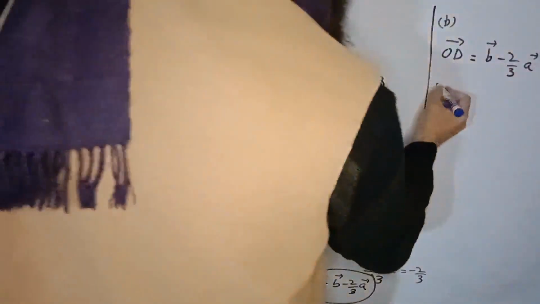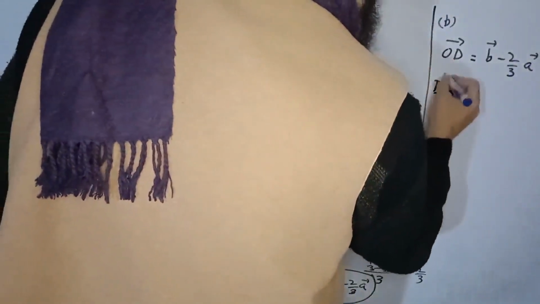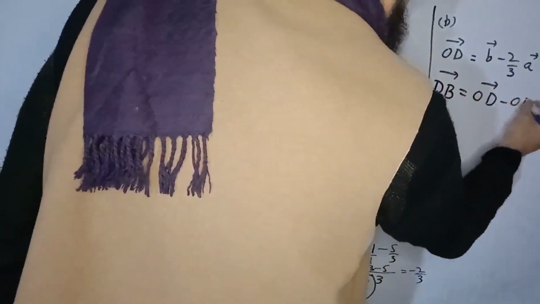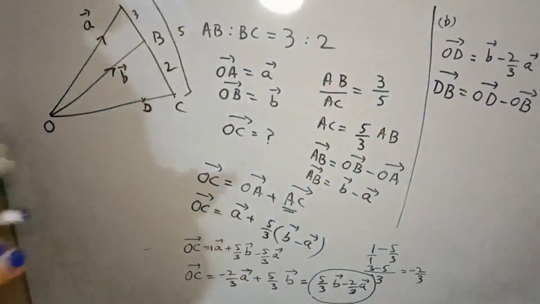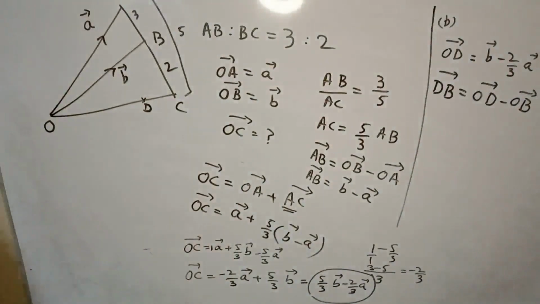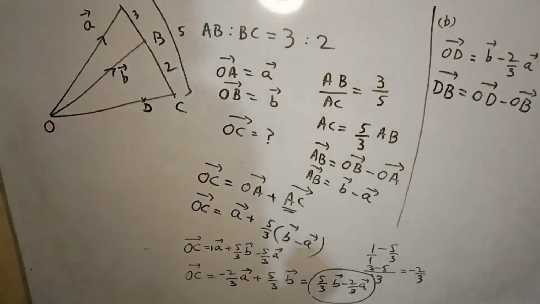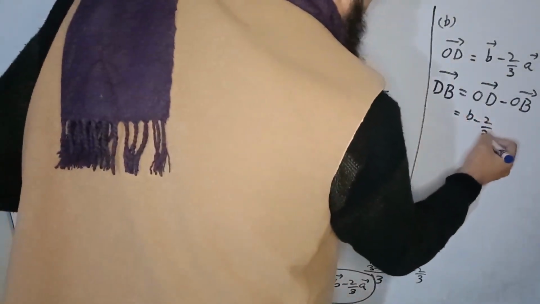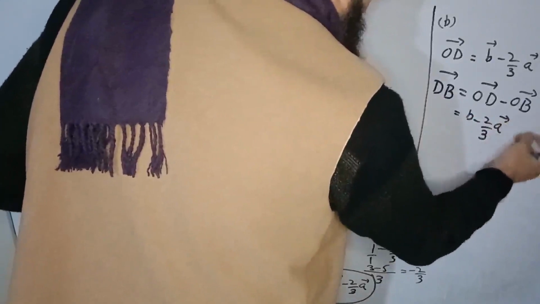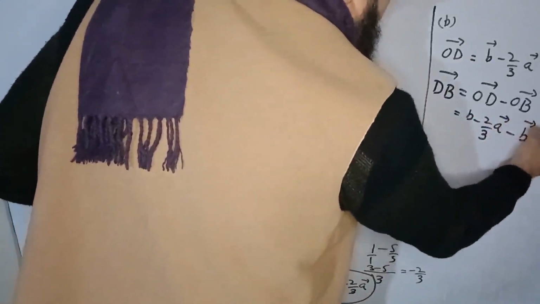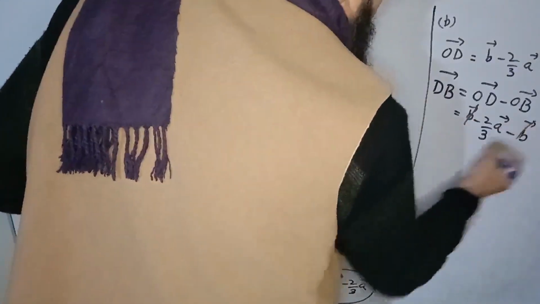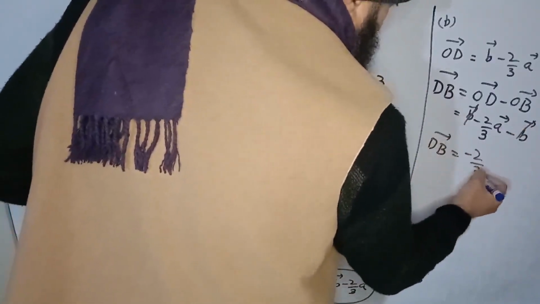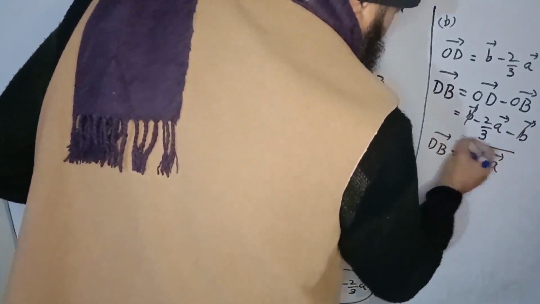Now OD, what will be DB? DB will be equal to OD minus OB. OD is given as B minus 2 over 3A and OB is again B. It means they are cancelled. So DB is equal to minus 2 over 3 of A. What does this show?